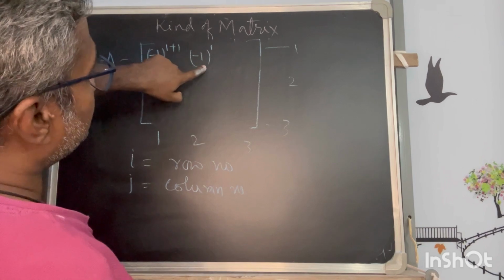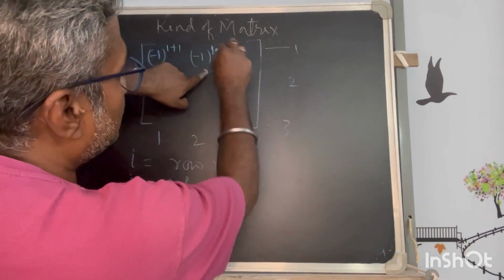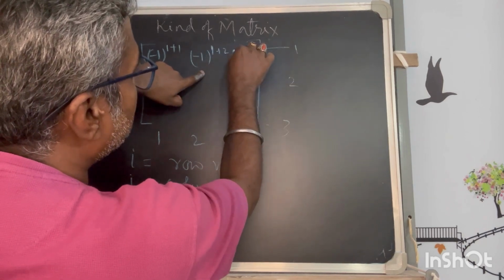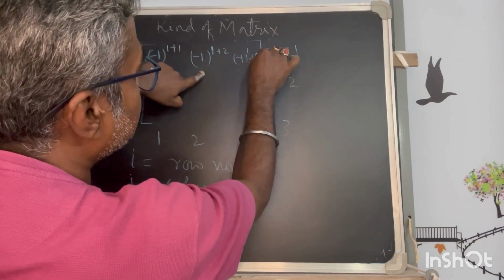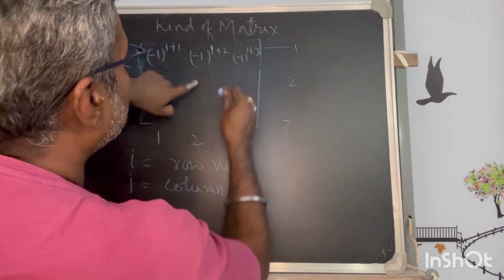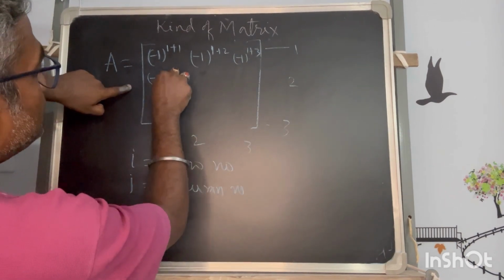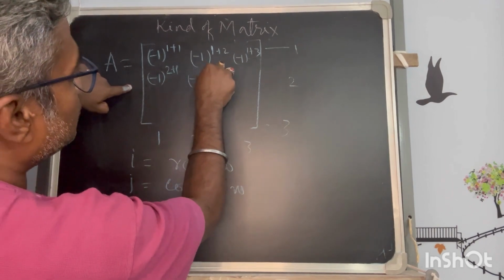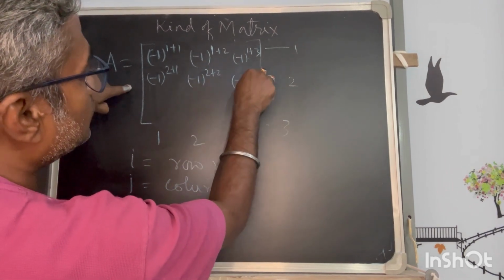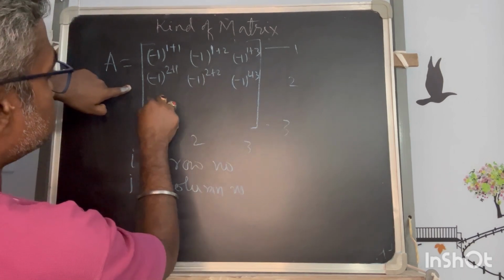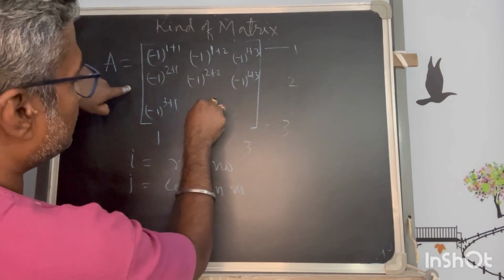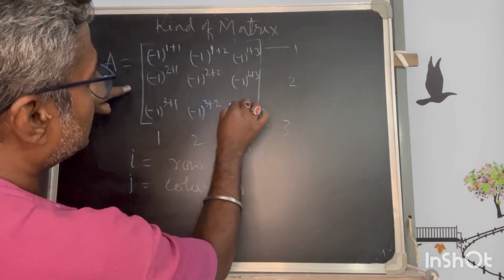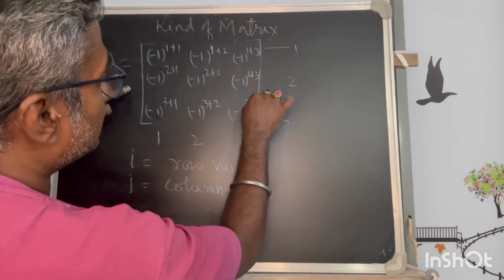So here your row number is 1, and the column numbers are 1, 2, 3. Then the second row: row number 2, column number 1, row number 2, column number 2, row number 2, column number 3. Then row number 3, column number 1, row number 3, column number 2, and row number 3, column number 3.